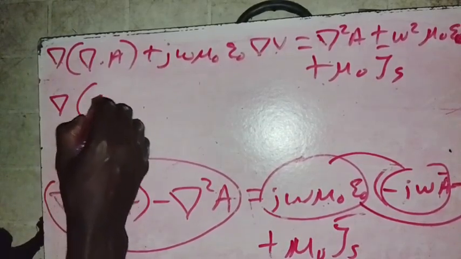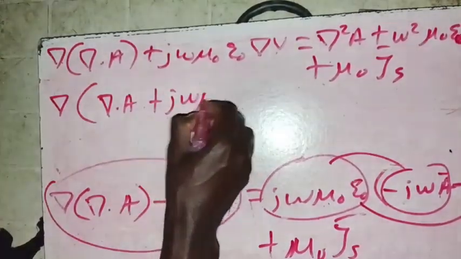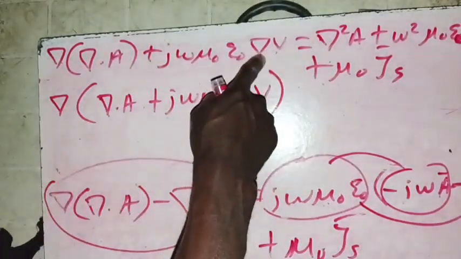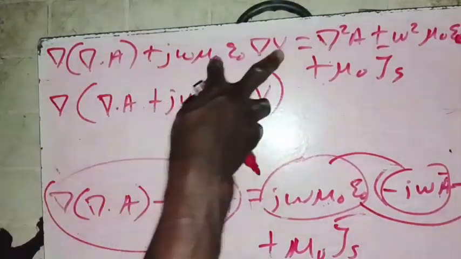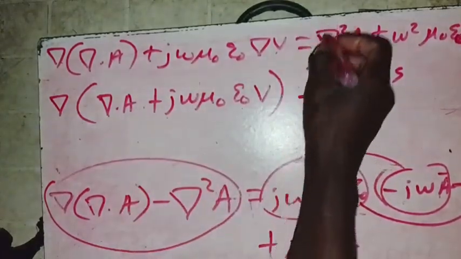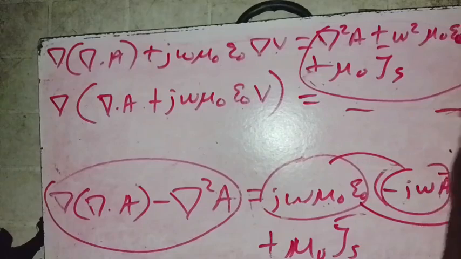This will be here plus j omega mu naught epsilon naught v. This gradient and this gradient are now outside. This one is here plus this one, and the v is here. Good. Equal to all the same thing. We need to write them again, everything here, the same thing we have here.